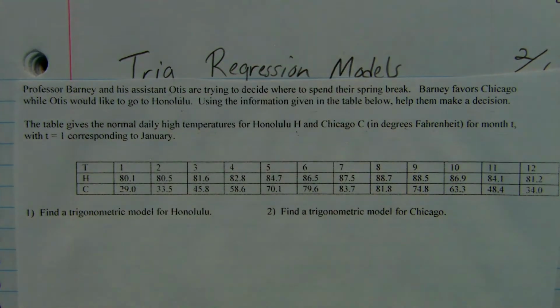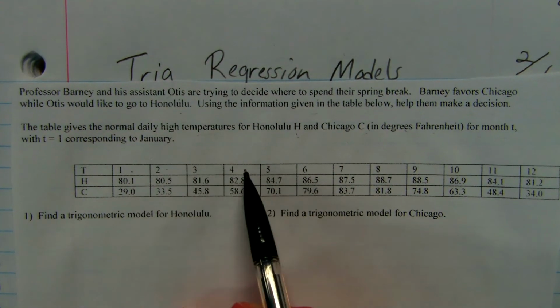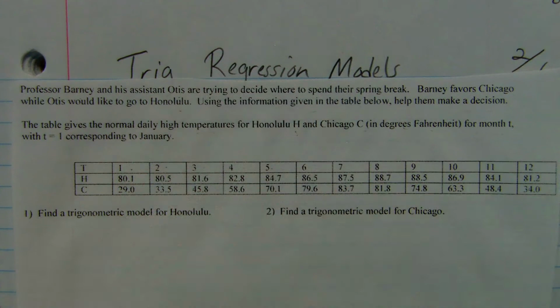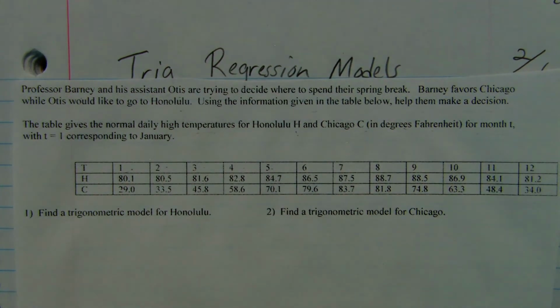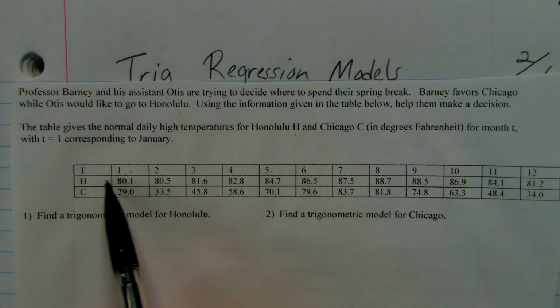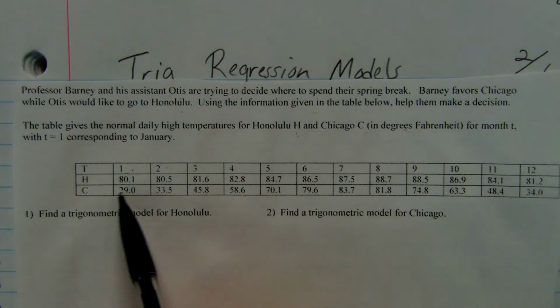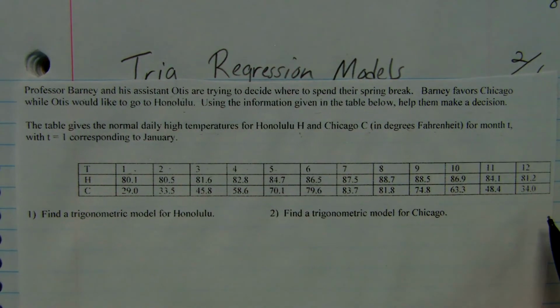So just to explain, January, February, March, April, May, June, July. They put a numerical value in for each month of the year, and then they've listed Honolulu as the next line and Chicago for the next line.